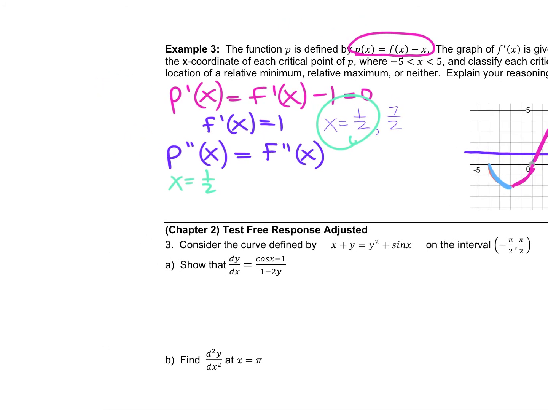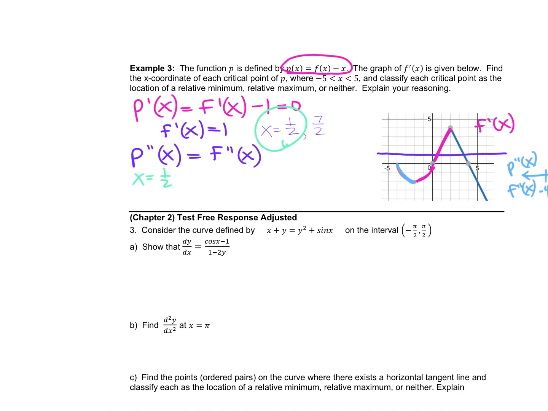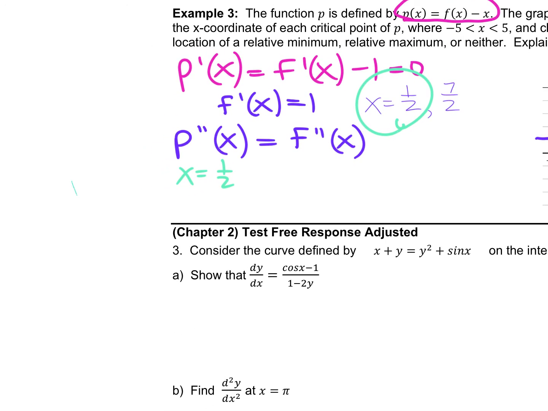Which one are we making conclusions about? P. P of x has a relative min at x equals 1/2 because 1/2 is a critical number and P double prime of x is greater than 0.